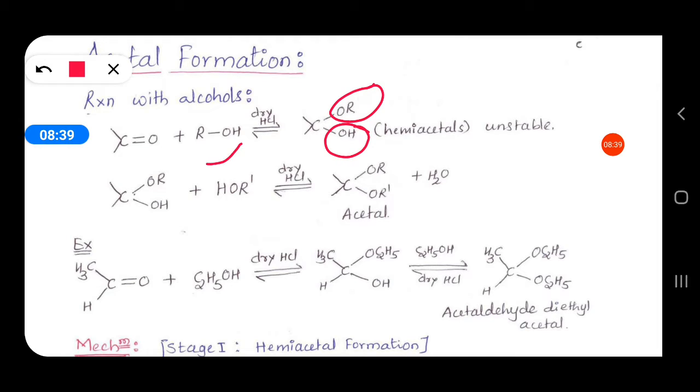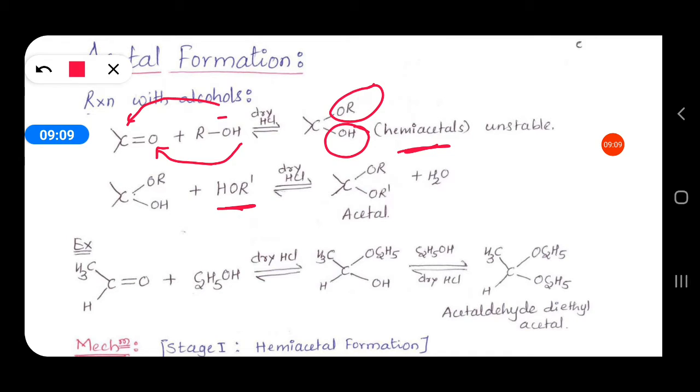The hydrogen of this alcohol goes to oxygen, and this alkoxide ion RO minus goes to carbon, and a new C-OR bond is formed, with OH. This is called hemiacetal, but these hemiacetals are unstable and undergo addition of another molecule of alcohol.